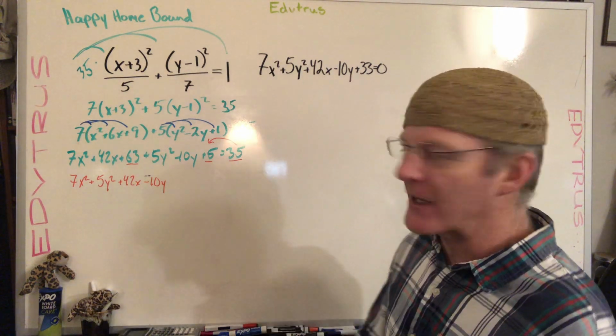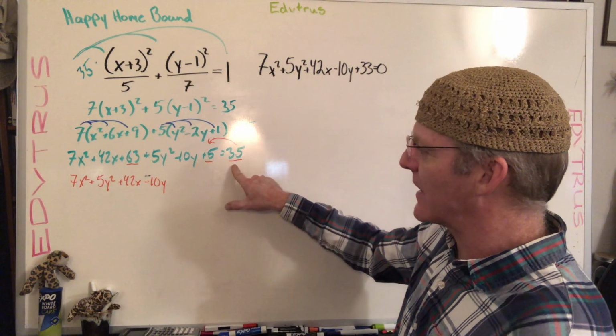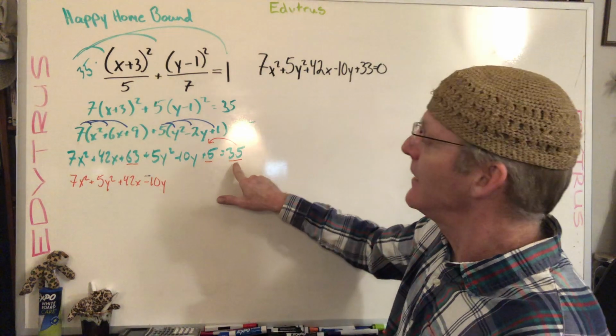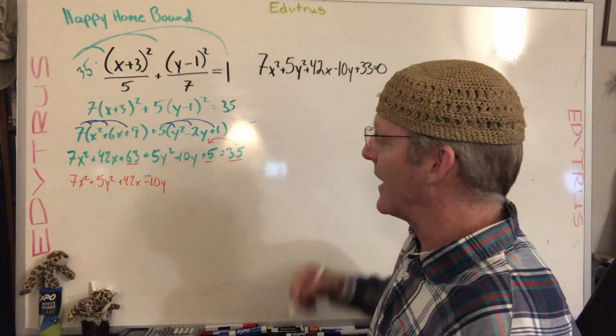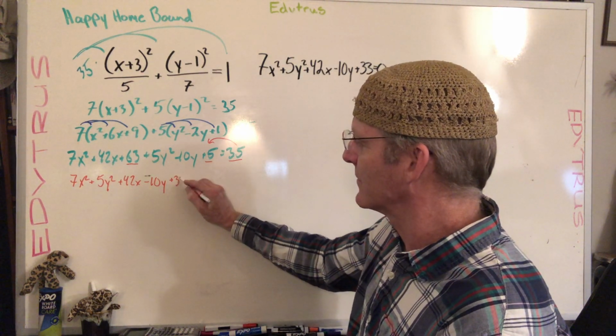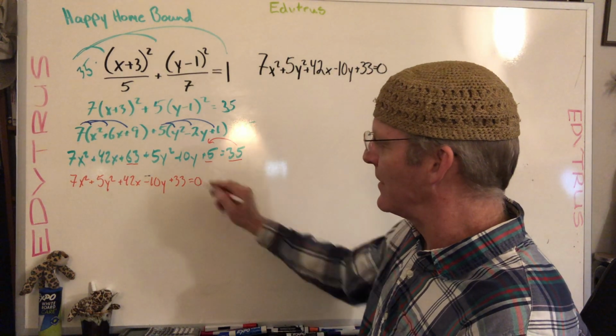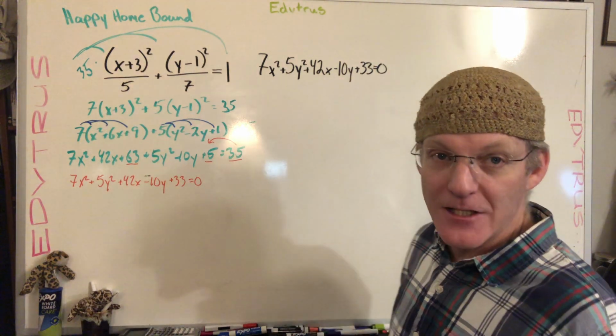So a quick shortcut I did is I subtracted the 5 this way and got a nice cool 30, and so then I could subtract 30 from 63 and get plus 33. Finally equals 0, and there's our equation written out, expanded out.